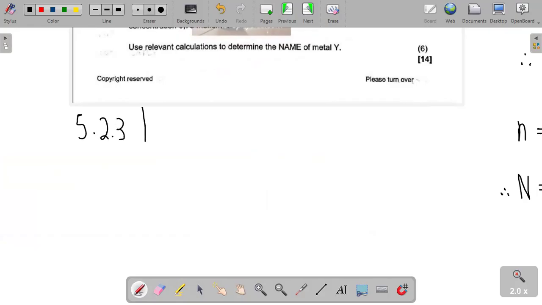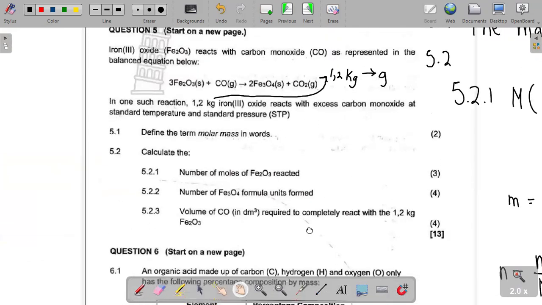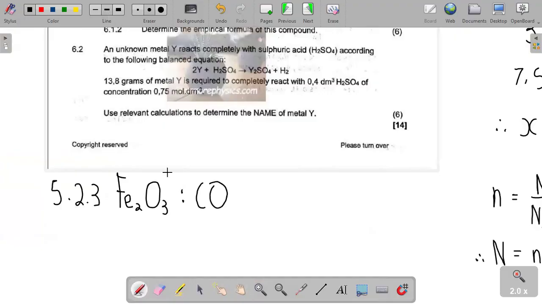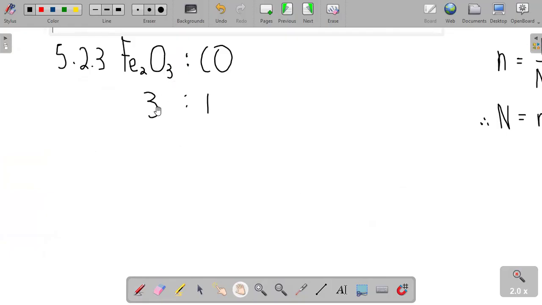the ratio between the two, carbon monoxide, is going to be 3:1. So then we know the number of moles here for the reactant of iron.